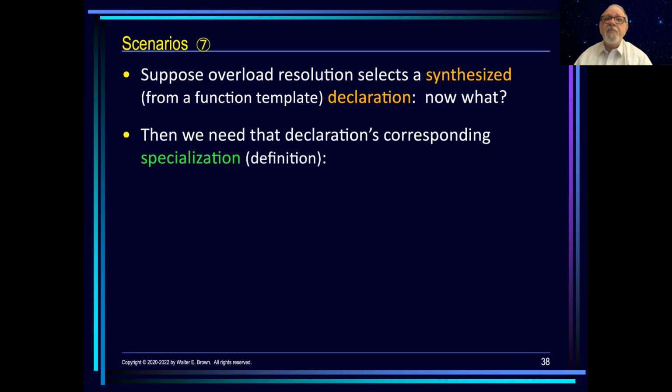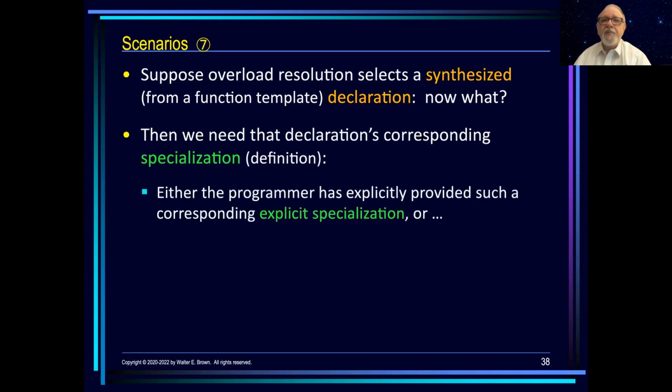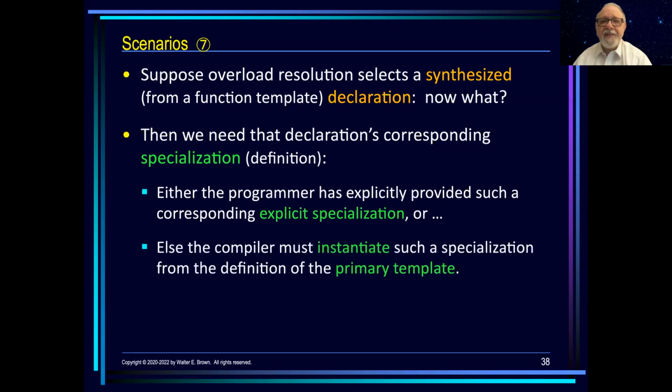The process of producing a specialization is called instantiation. But there are two possibilities. One possibility is that the programmer has provided an explicit specialization, in which case that's the one that the compiler will use and ultimately call. Otherwise, the compiler must instantiate a specialization from the definition of the primary template.